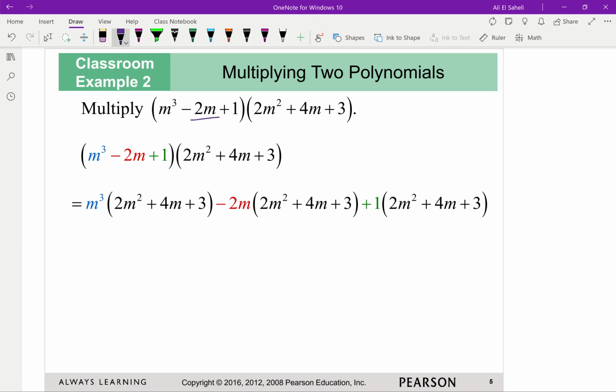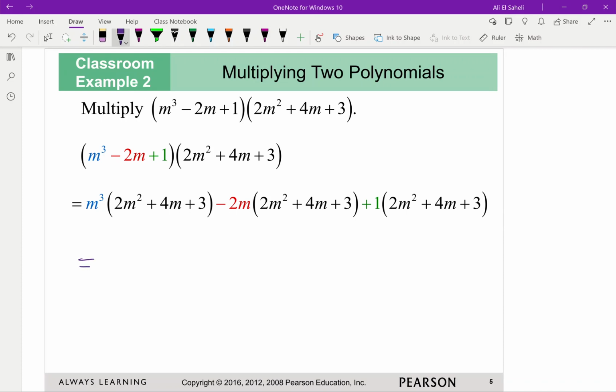Then we treat this as a monomial, and finally we treat this as a monomial. So first, m cubed times the other polynomial, minus 2m times the other polynomial, plus 1 times the other polynomial. So this reduces to multiplying a polynomial by a monomial.